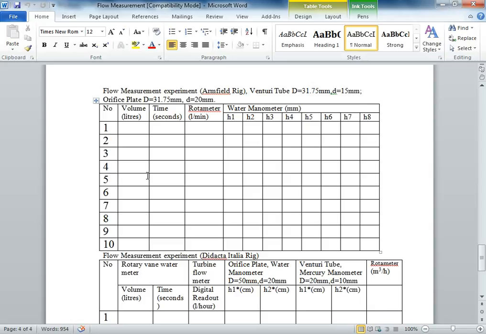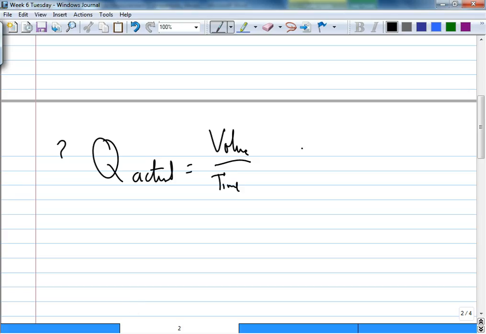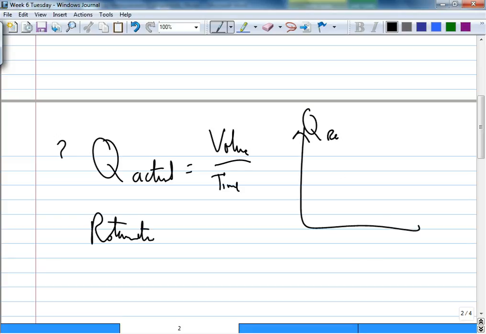You can also compare this. Remember we had a rotameter. So you could plot Q rotameter over Q actual. Hopefully you get a line like this, with all the data points, but it may not be like that.